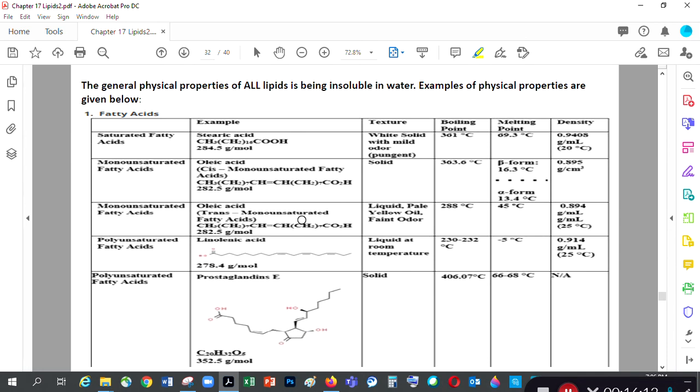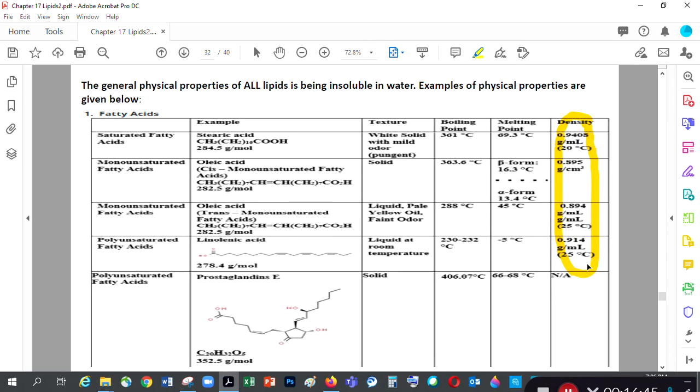The more double bonds you have, the more chance this fatty acid will be unsaturated, will be liquid. Now the striking thing about most of them here is that they are less dense than H2O. All three types of fatty acids, saturated, monounsaturated, polyunsaturated, are less dense than H2O.